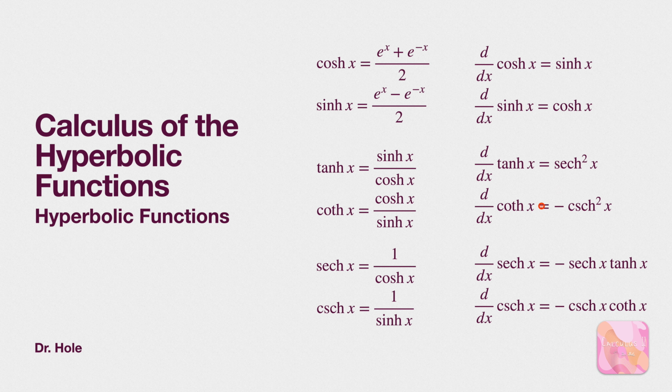And the remaining 3, if you recall the derivatives for the corresponding trigonometric functions, then you know how to differentiate these hyperbolic trig functions and always include a minus sign. So cosh, sinh, and hyperbolic tangent, no minus signs in the derivatives, and then the remaining 3 always have a minus sign.